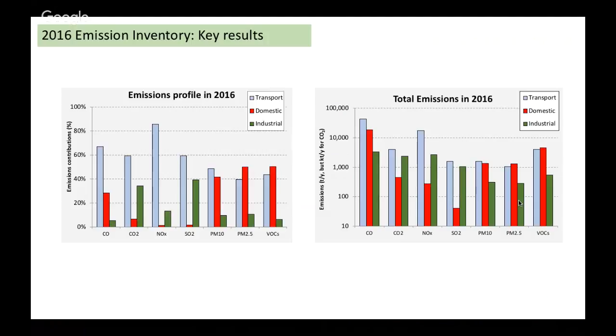Right, so this is the emission inventory makeup for 2016. It's kind of what you'd expect. The bulk of the gases come from transport, and the PM and the VOCs from domestic heating, the burning of fires. There's quite a lot less from industry.